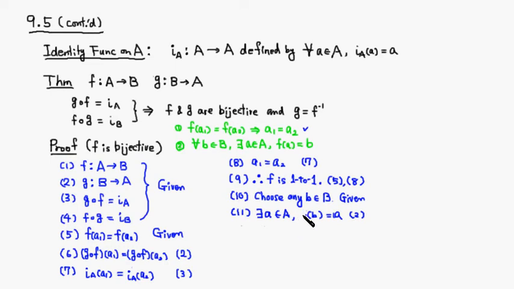So this is g of b. Sorry about that. Line 12. Since f is a function from line 1, we can apply f to both sides of the equation. So you will get f of g of b is equal to f of a. Line number 13.